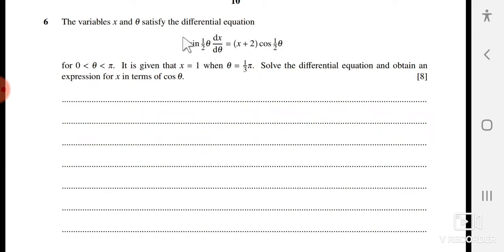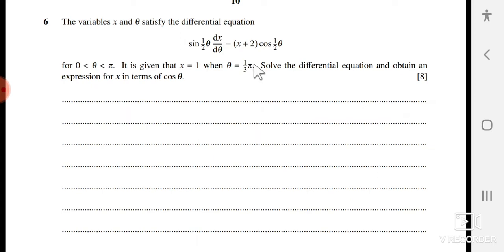What you have to do, just first of all use the method of separation: all one type of variable on one side and the other type of variable on the other side, and then you will have, you see, sine 1 over 2 theta over cos 1 over 2 theta is equal to x plus 2 over dx, and then in the next step take the reciprocal on both sides because your d theta and dx should not be in the denominator, they must be in the numerator.